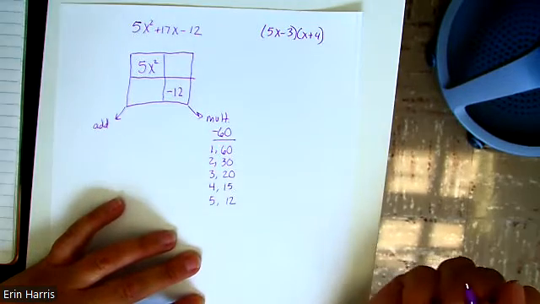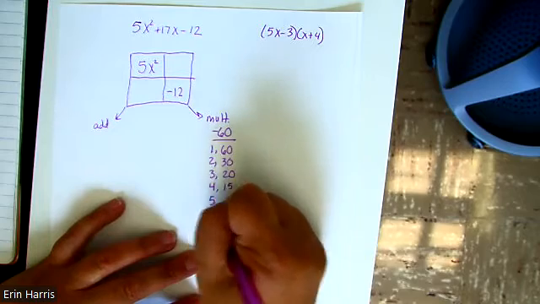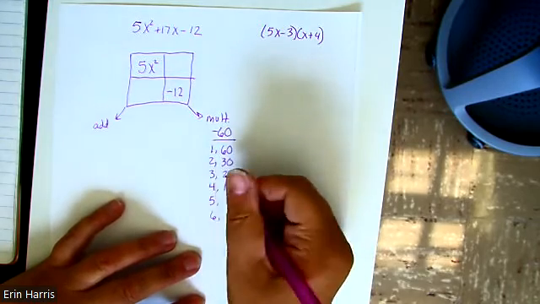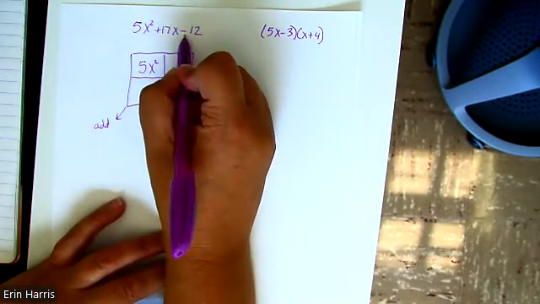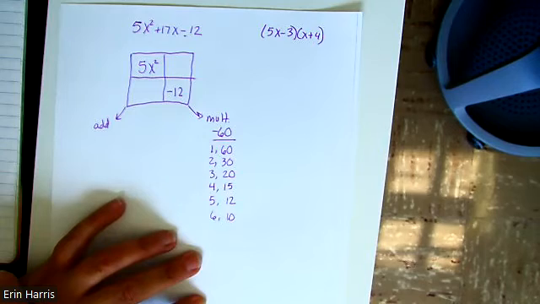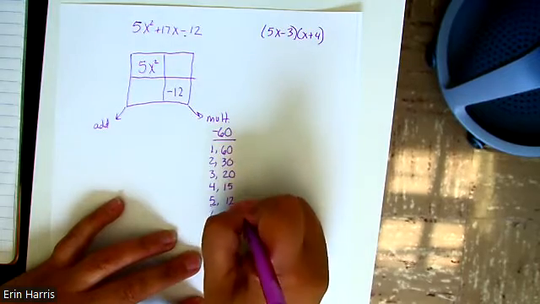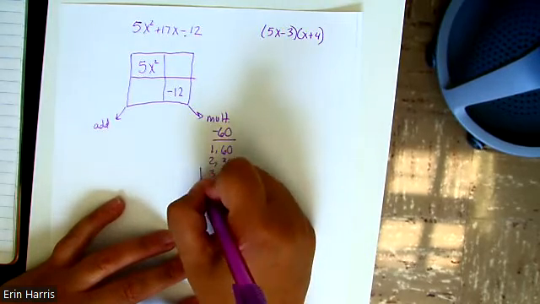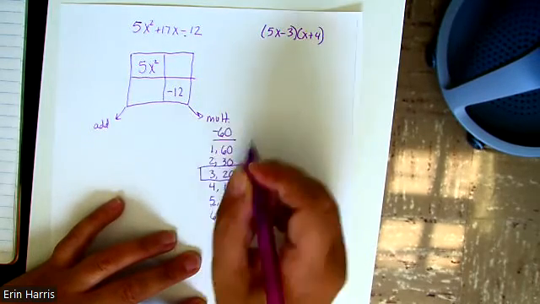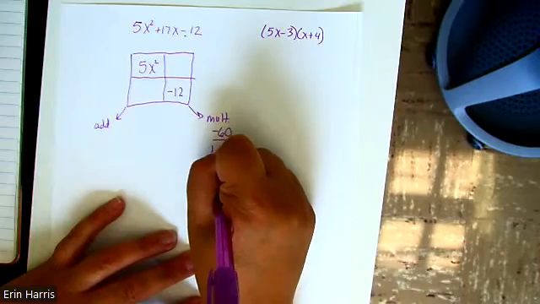I bet you are tempted to take 5 and 12, right? To get 17. What we have to be careful of, though, is we need negative 12, right? Which means one factor has to be positive and one's negative. This would only work if both were positive. Okay, so it's tempting here, but the one we actually need is this one.